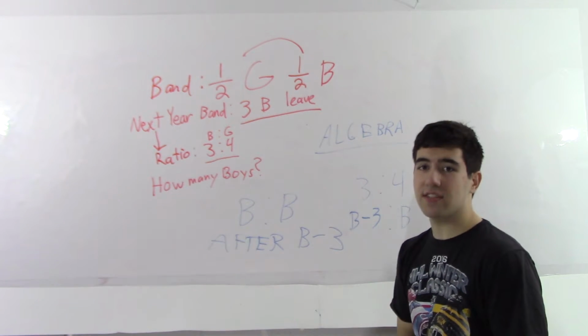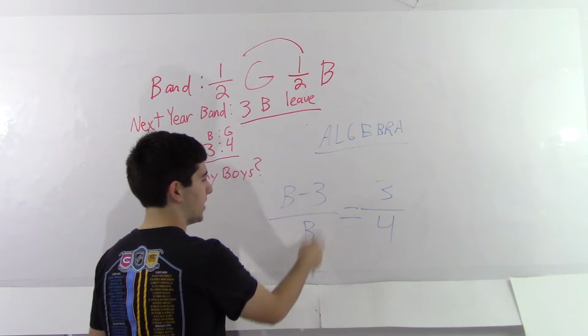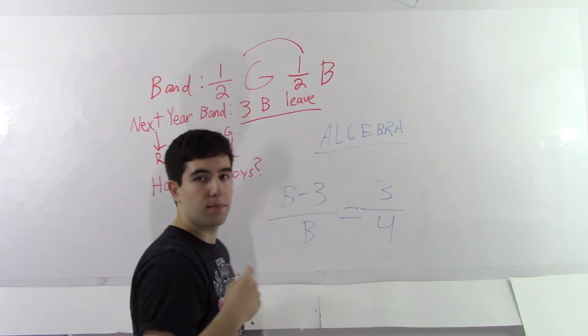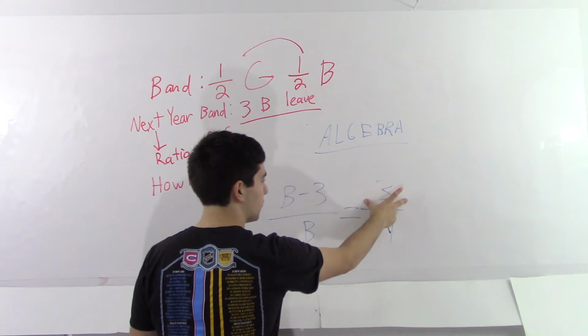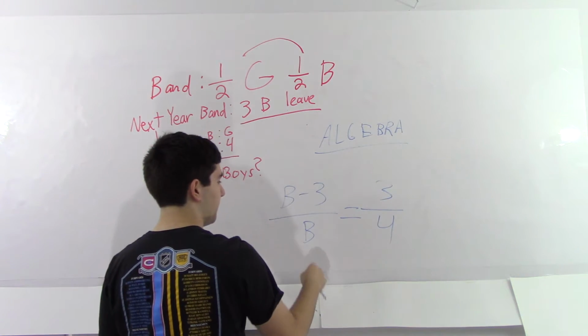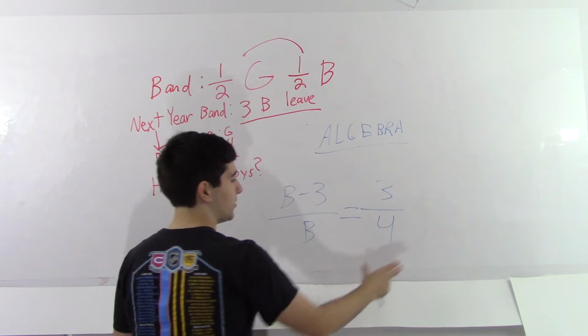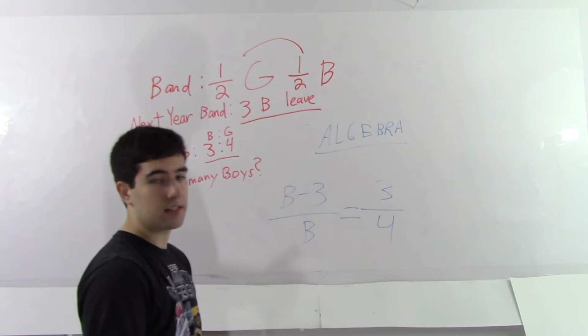So we're going to rewrite this in a way that we can easily understand. The reason why we're writing it this way instead of the b on top and the b minus 3 on the bottom is because we know that the top part has to be in the ratio of 3. So this top part equals the ratio of that top part, and this bottom part of our ratio has to be equal to this bottom part of our ratio. So it's set up correctly.